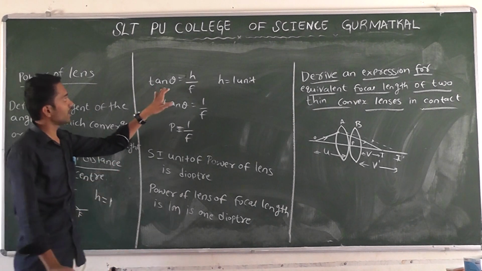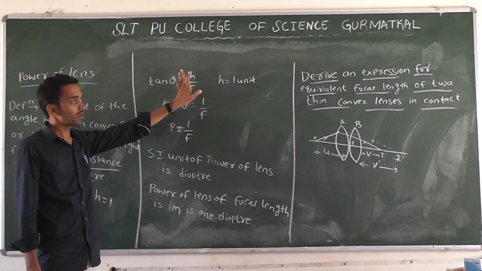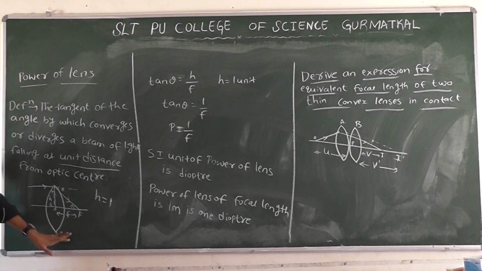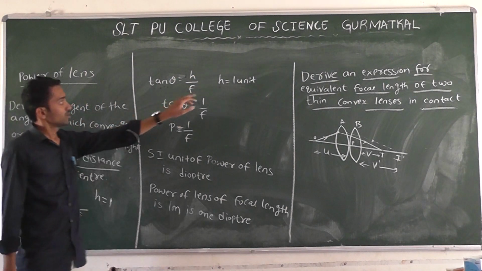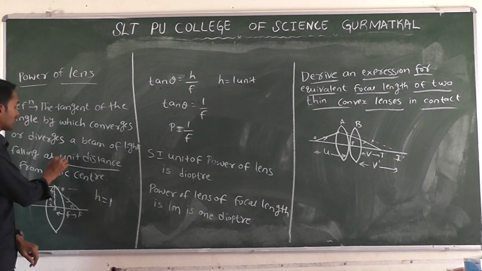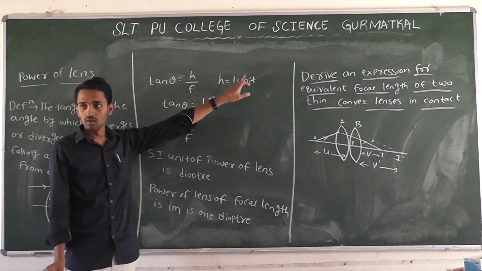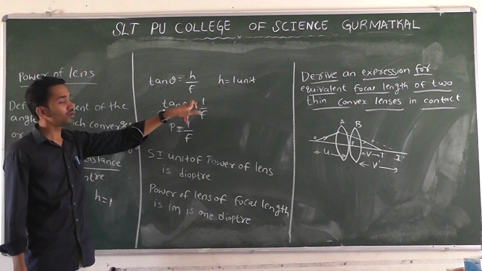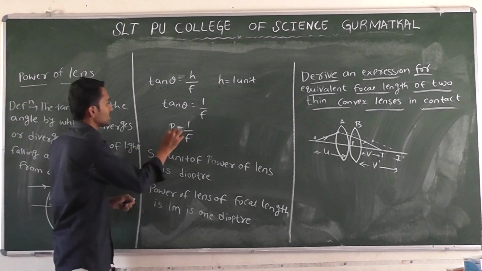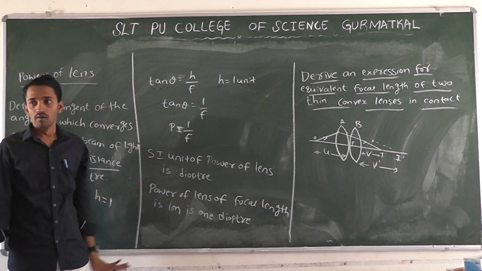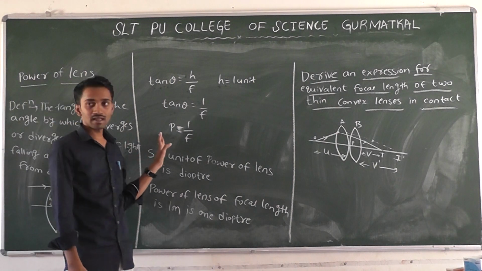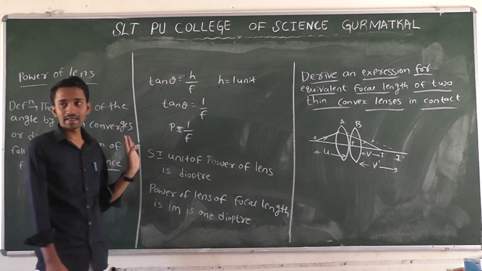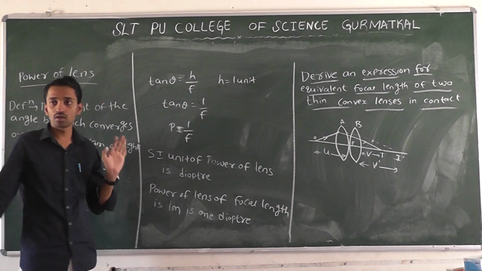According to the formula, tan theta is equal to h by f, opposite by adjacent. With h as 1 unit, tan theta is equal to 1 by f. So the power of a lens is inversely proportional to focal length. When focal length increases, power decreases.